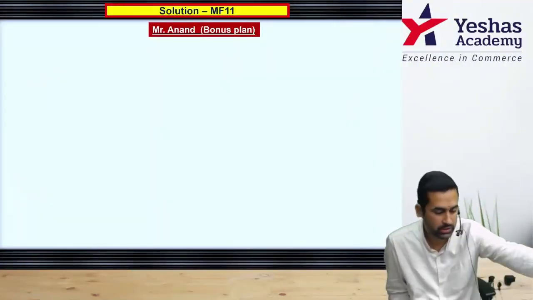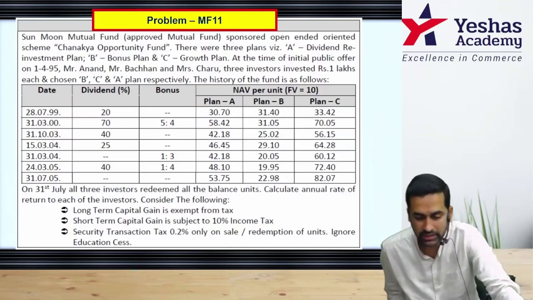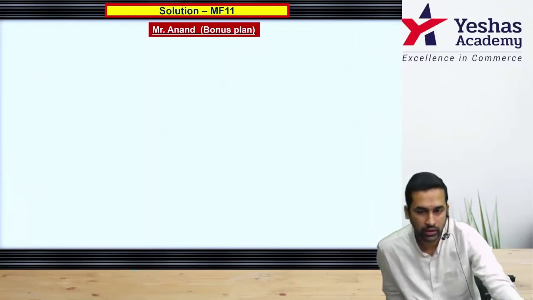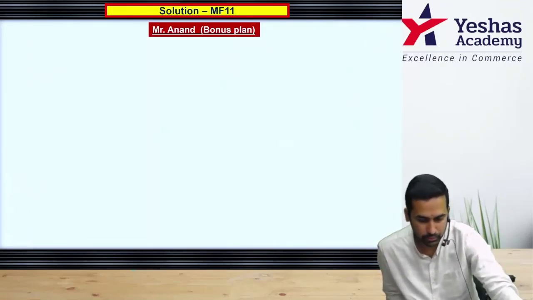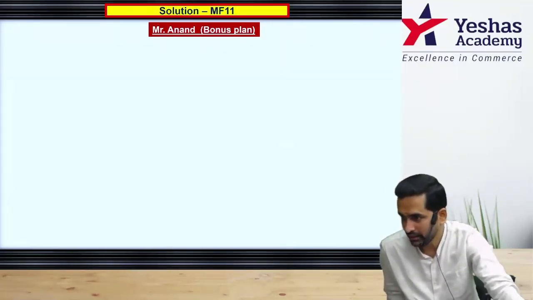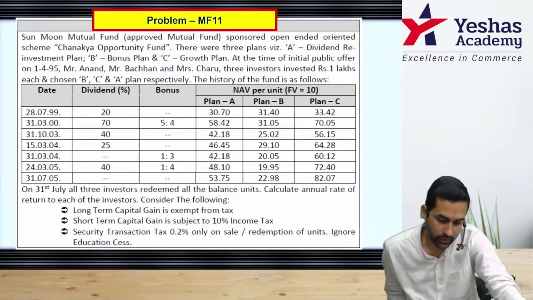Heading Mr. Anand, and as per the question, he has selected plan B, and plan B is bonus plan. Heading Mr. Anand, bonus plan. I want you to understand the starting point correctly. Go to the first para of the question.